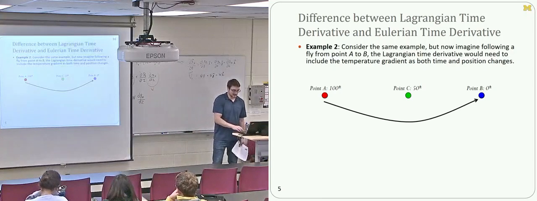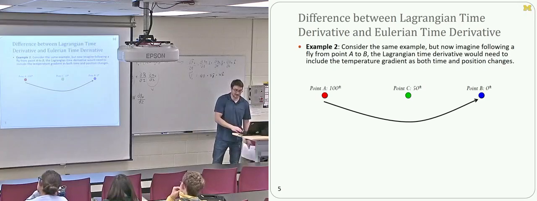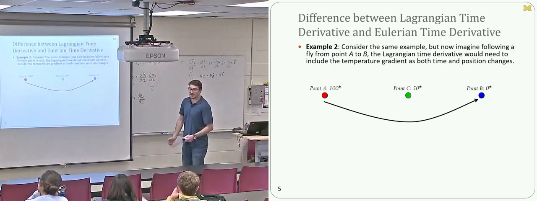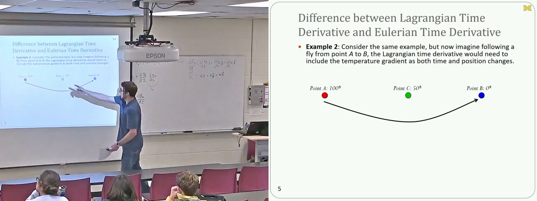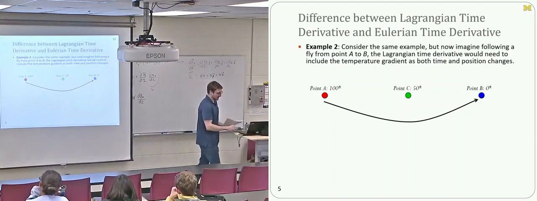So from point A to point B, it's gone from 100 degrees to 0 degrees. Even if the room has stayed at a steady temperature during that time, the fly has changed.